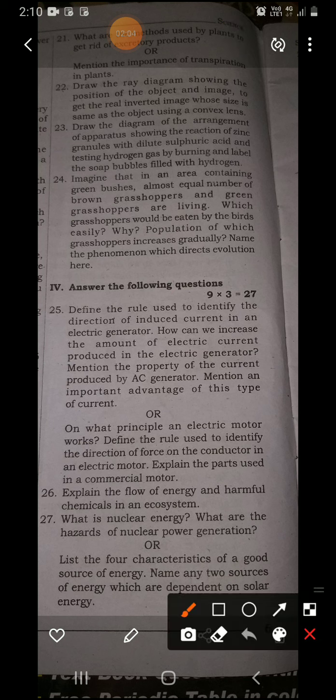So you know that there will be a container like this, and in which there are two electrodes, right? These electrodes are connected to a plug key. Here you can say that this is the key, and then it is connected to a battery which is positive and negative.